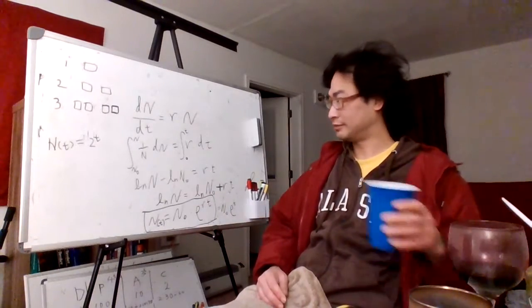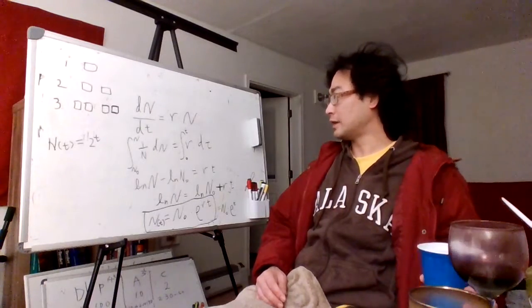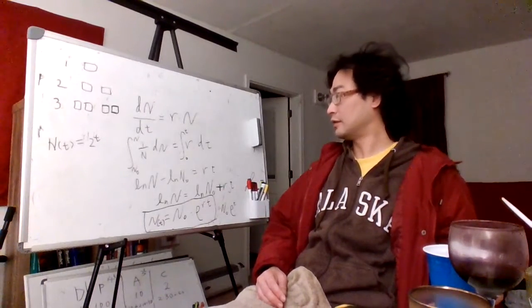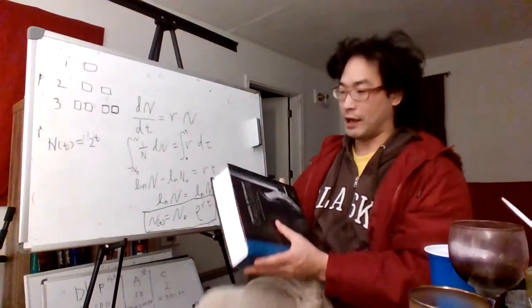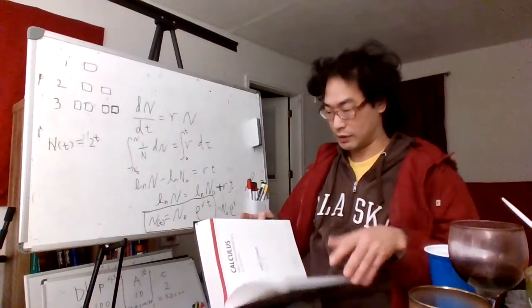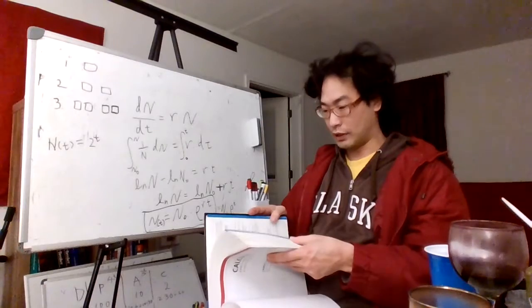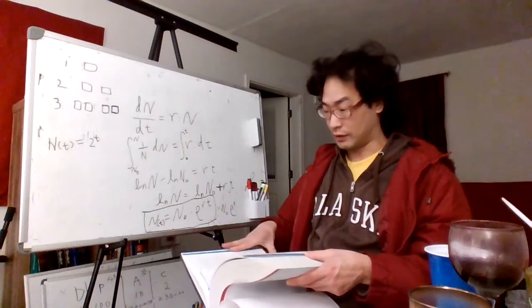Let me look at the calculus book. It's somewhere. It's the same brand of calculus, James Stewart, Early Transcendentals. This is the calculus book they used when I was in Madison, Wisconsin, taking calculus.